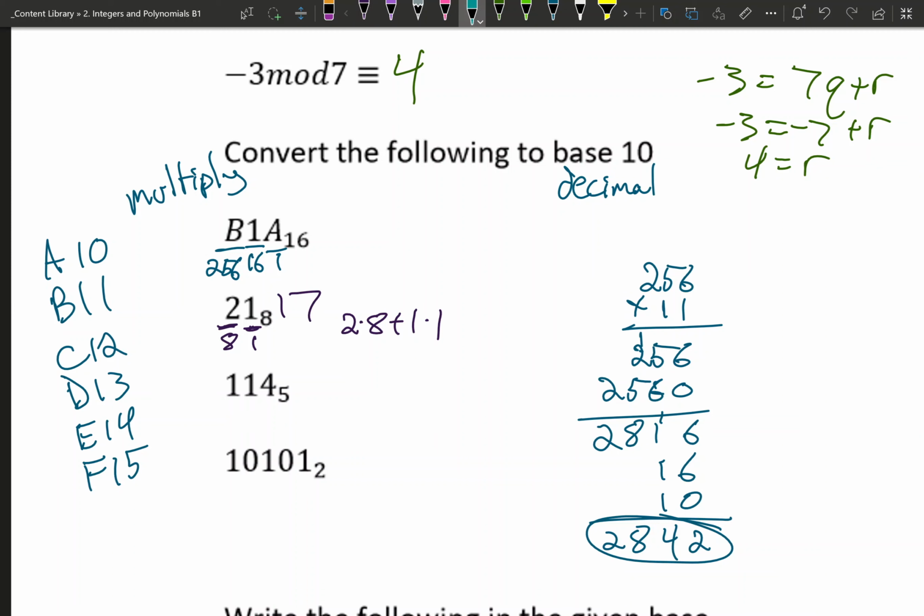In base 5, we have our 1s place, our 5s place, and our 25s place, because moving to the left, we are just multiplying by whatever our base is for the place value. So we have 25 plus 5 plus 4, so it's going to be 34. And then for base 2, we've got our binary: 1, 2, 4, 8, 16.